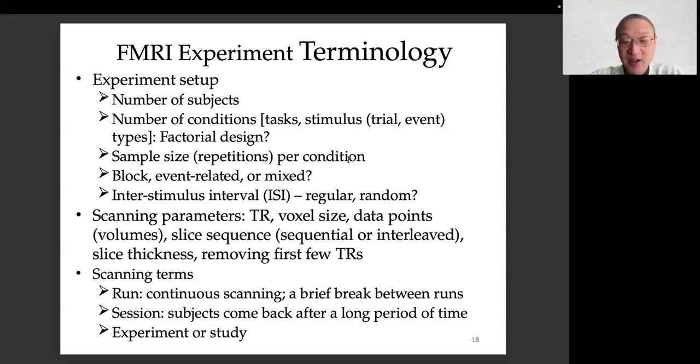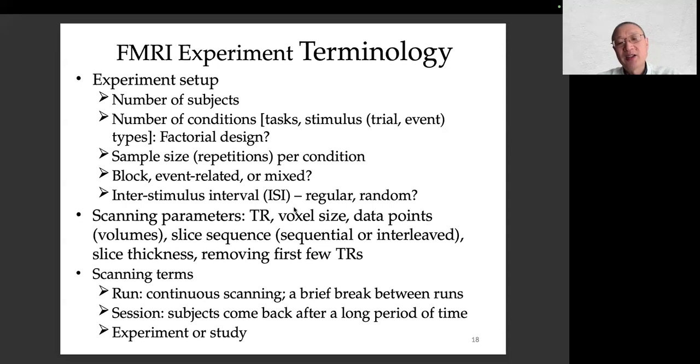That's for a couple of reasons. For a statistical reason, the regressors will be less correlated with each other. Another reason is to avoid anticipation. That's not for a statistical reason but for a cognitive reason. So we want to avoid the anticipation.